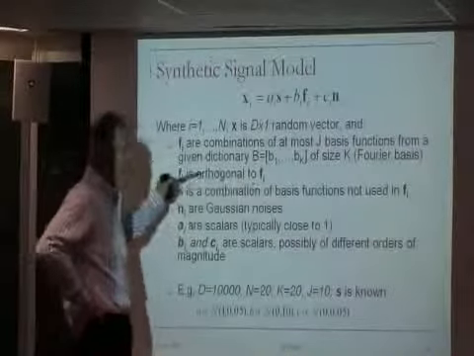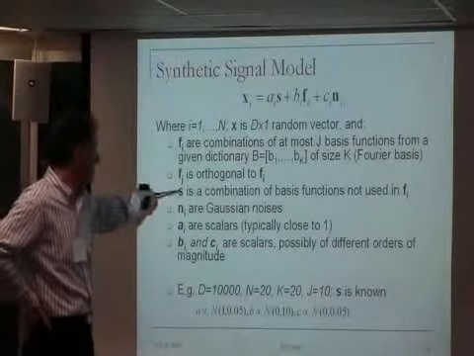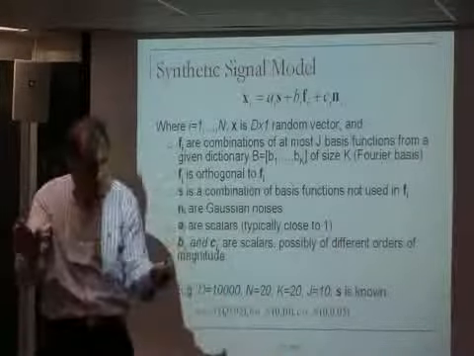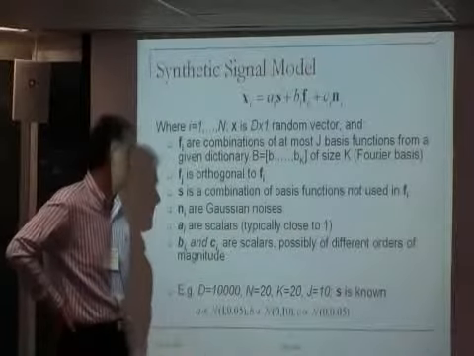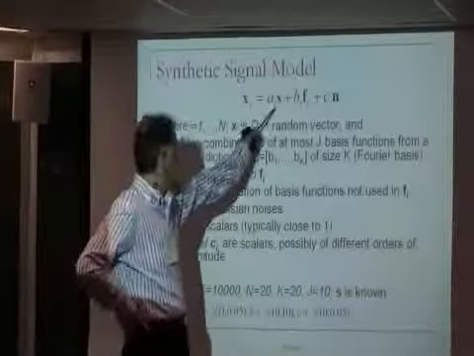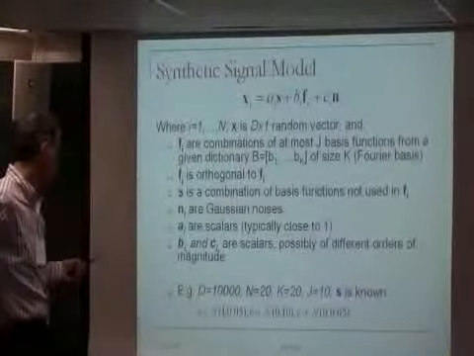And we keep these assumptions that Fj is orthogonal to Fi, and S is fixed, is different, is a combination of basis functions that's not used in any of the others.